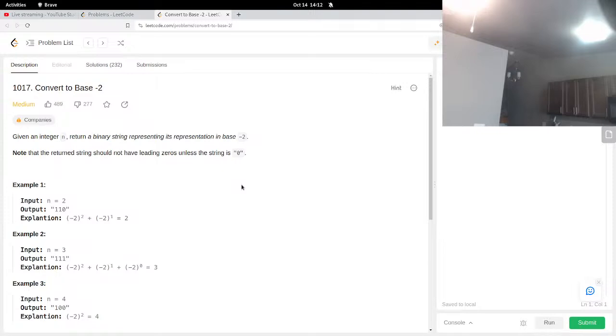In the case of 2 times negative 2 to the 2n, that's equal to 2 raised to 2n plus 1, which before I said we can convert directly into base negative 2 by taking negative 2 raised to 2n plus 2 plus negative 2 to the 2n plus 1. So that's no problem, right? That's not an issue. However, 2 times negative 2 raised to 2n plus 1 is a little more complicated.